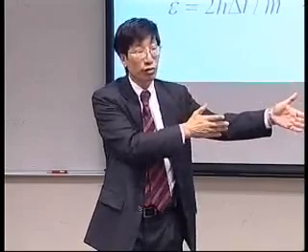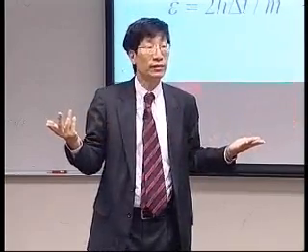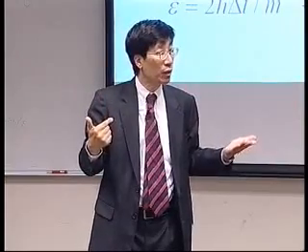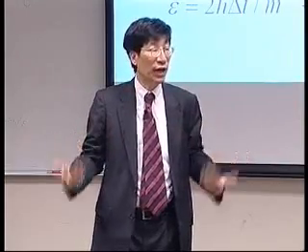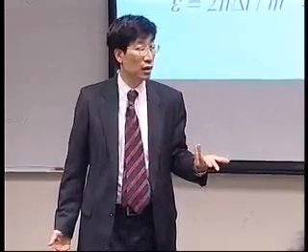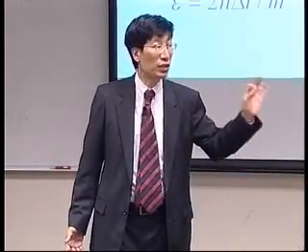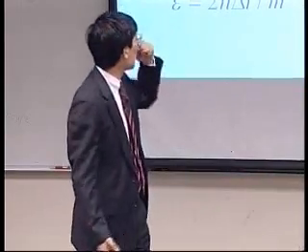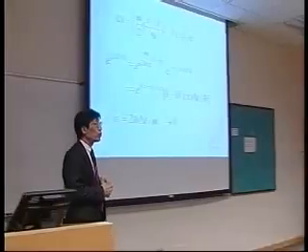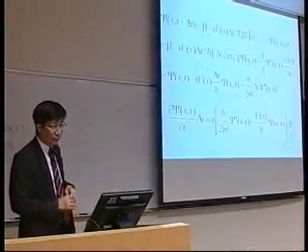The term proportional to delta t will then give me the first time derivative, which is the only thing I care about. If I can find the first time derivative, that will give me the Schrödinger equation. Right? I don't care about the second time derivative, so I don't care about delta t squared. That is why I evaluate the potential energy term to first order. All right? So this is what we have.